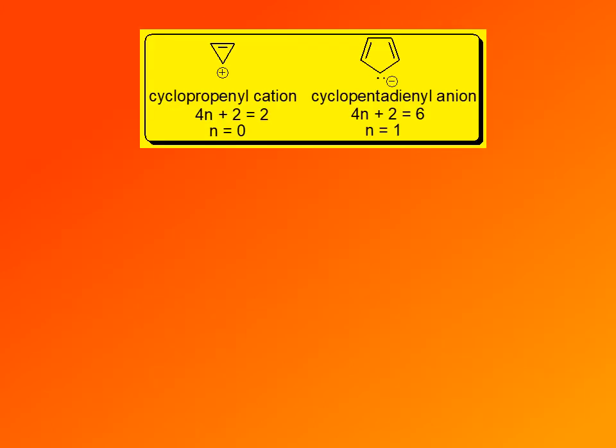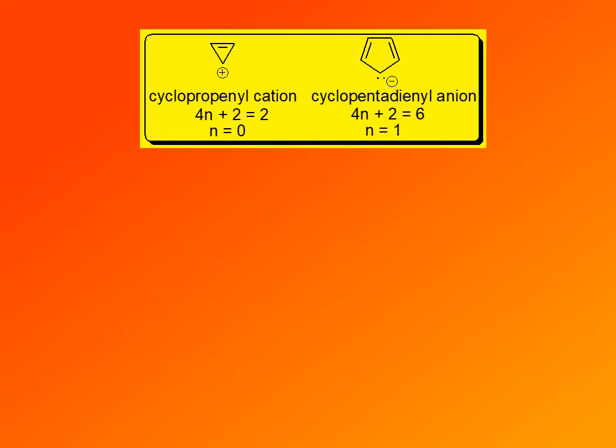Of course, as we have seen already, ions could also be aromatic. But for an ion to be aromatic, we need to have the carbon atom or carbon atoms of the ring that are sp2 hybridized. That means they either have to be carbocations with an empty atomic p orbital, or carbanions where the free electron pair is in an unhybridized p orbital.